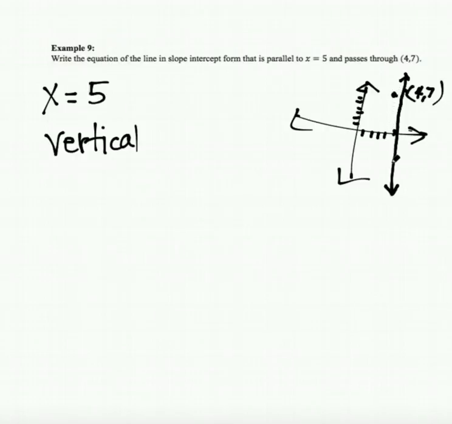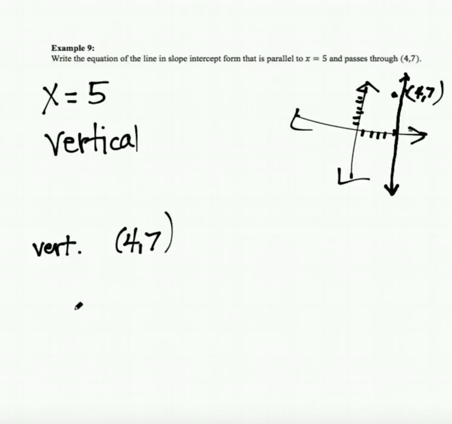Well, in order for it to be parallel, it has to be the same slope. So we know that if we have a vertical line already, in order for it to be parallel, it also has to be a vertical line. So I'm really looking for the equation of a vertical line that passes through the point (4, 7).